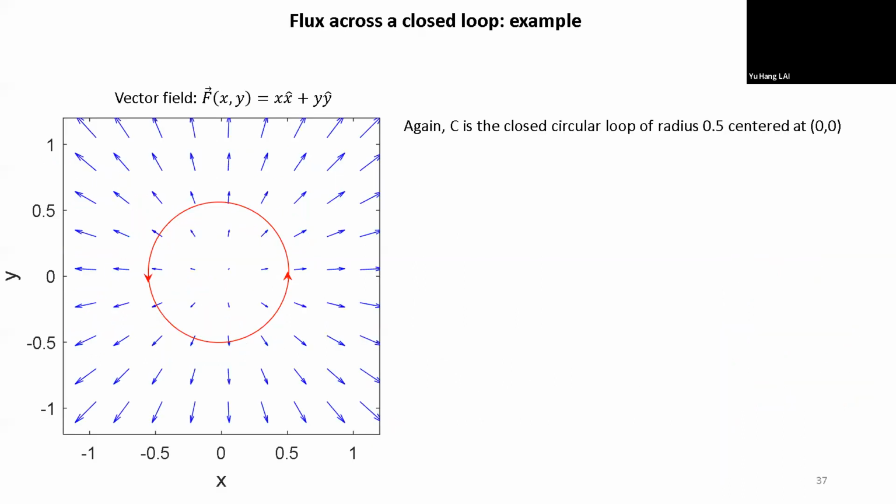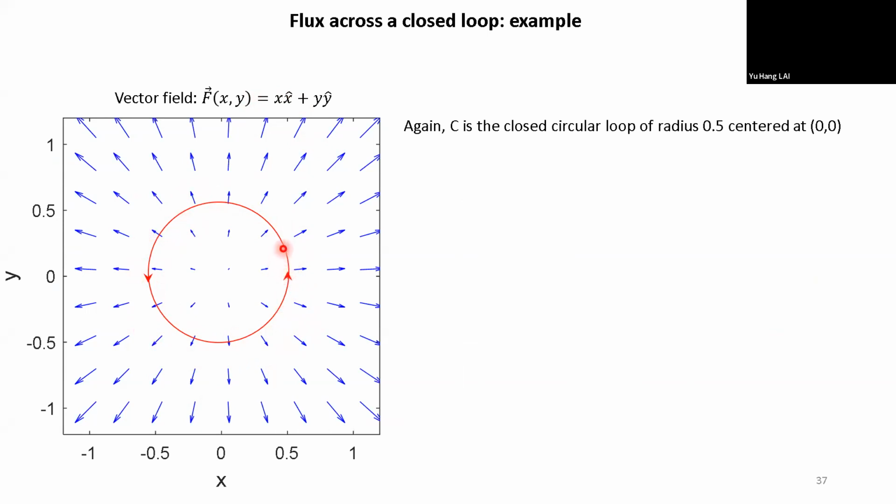So here, let's try again a simple example. This is the vector field you have seen multiple times, and this circular path you have also seen multiple times. I want to find the flux across this red circular boundary.